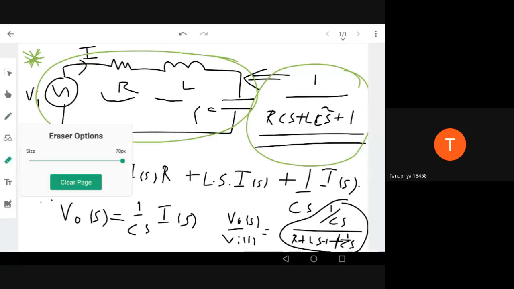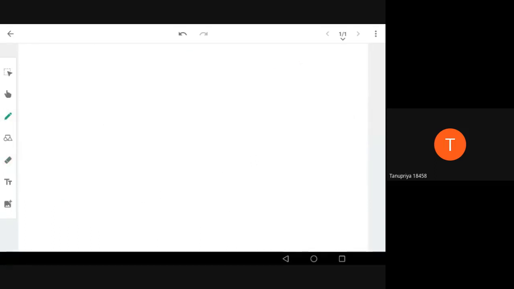Okay. Now I'll draw a circuit. I request you to find the solution for that, and we will try. So I'm just drawing the circuit. Now let me draw a capacitance. Capacitance.